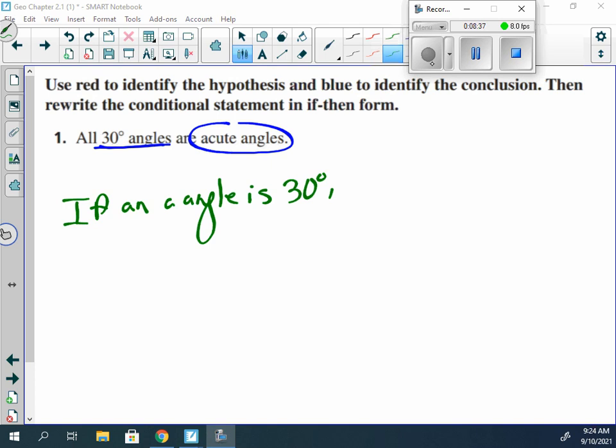I reworded that mainly because the other way just sounds a little funny. If a 30-degree angle, then, well, if an angle is 30 degrees. Because I'm phrasing it in this way to classify any angle. If an angle is 30 degrees, if it satisfies this condition, then what?